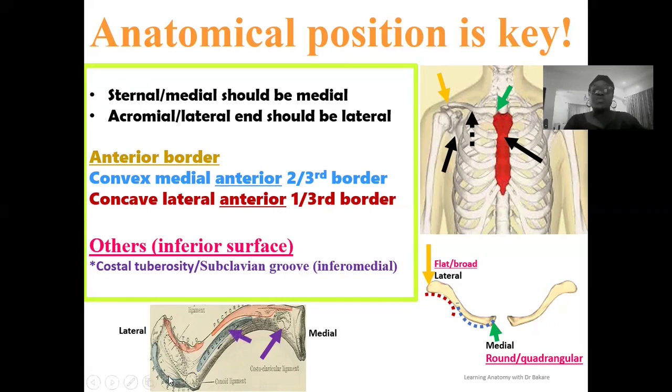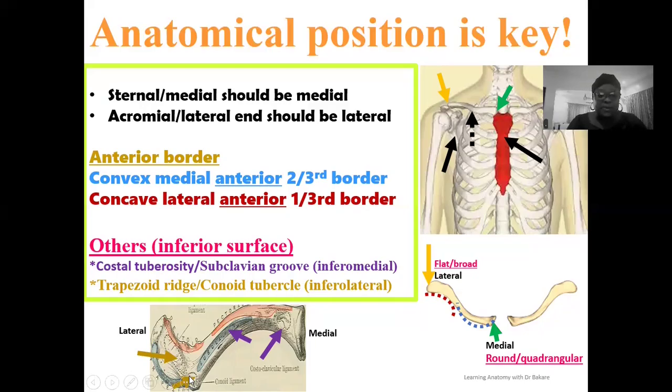So you should also place these two projections in their correct anatomical position. If you go more laterally, on the lateral 1/3, you have the trapezoid ridge. And this is the trapezoid ridge here, marked at this point. This is what creates the insertion point for the trapezoid ligament. And if you go more medially, you have the conoid tubercle. This is the conoid tubercle here, also marked at this region.